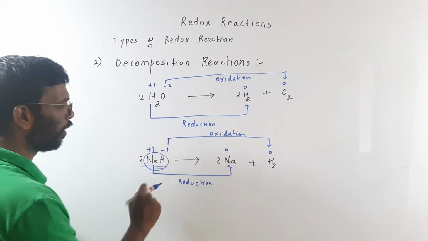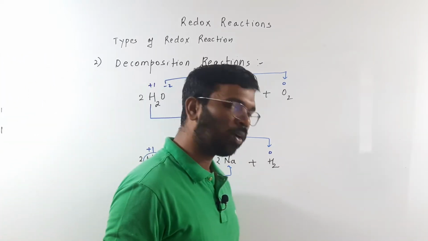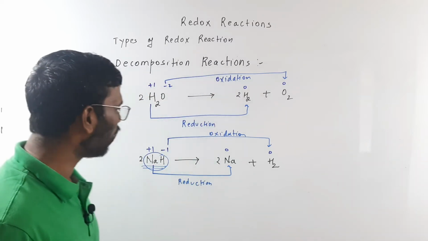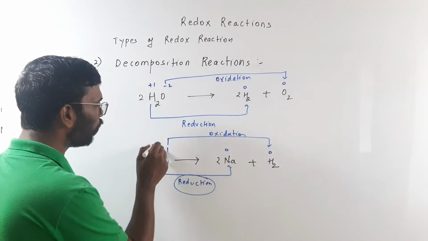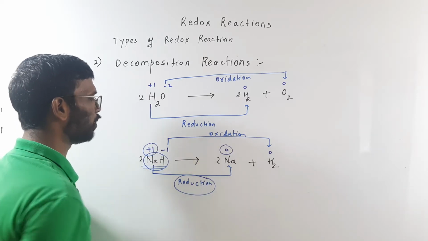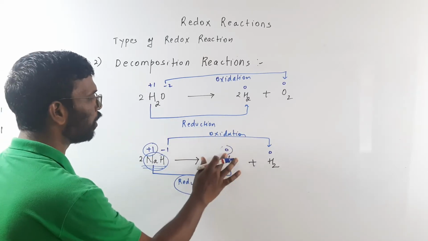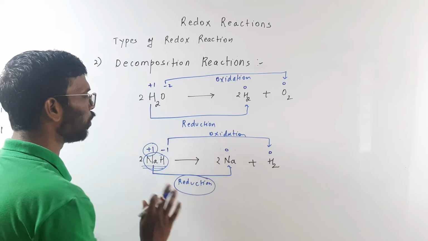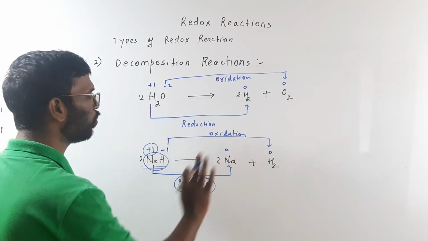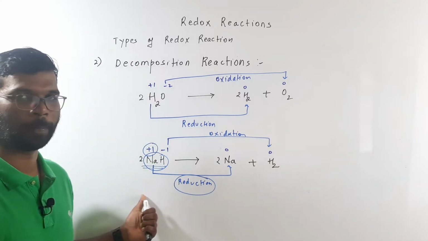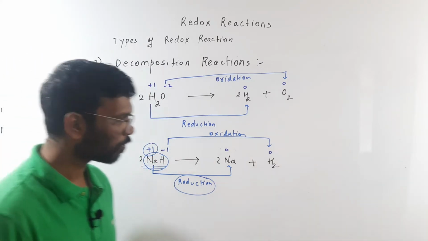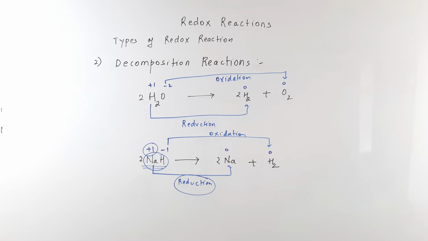But here it is reduction. So what we can observe is that reduction is due to the change in oxidation state, from +1 to 0. Here it is oxidation because -1 to 0. Here the classical definition doesn't apply. One more example we can take.